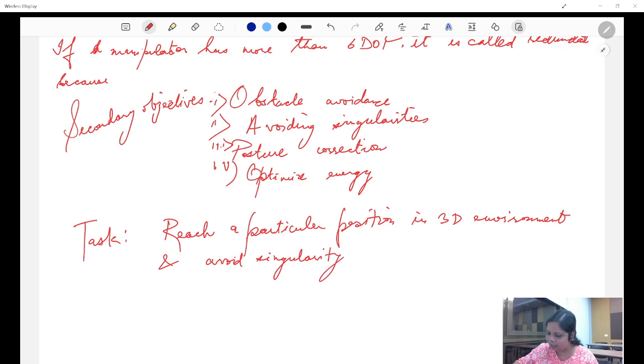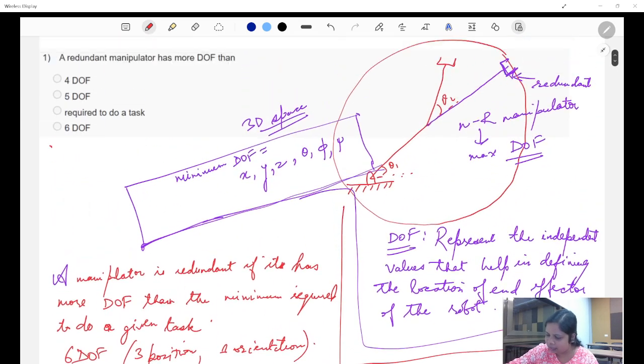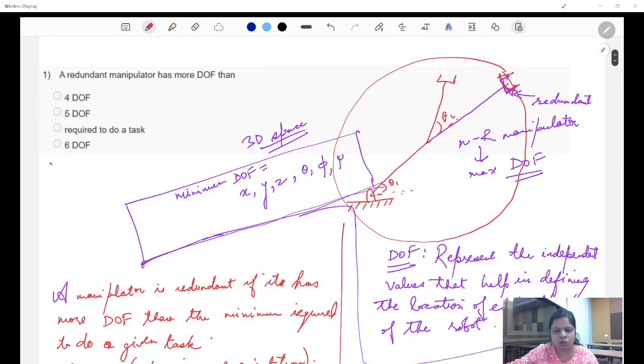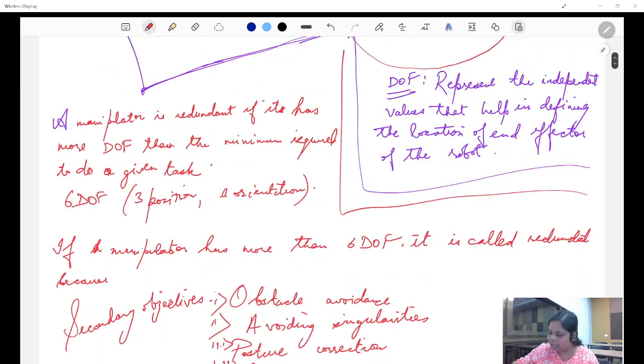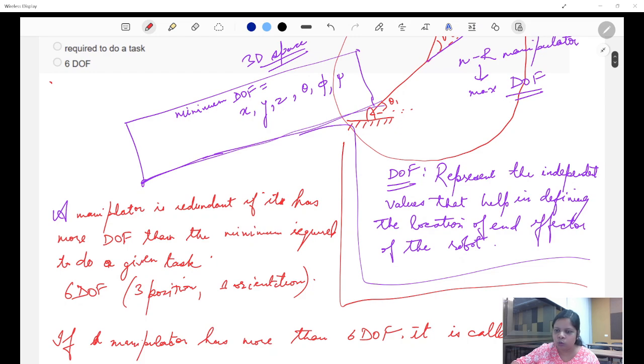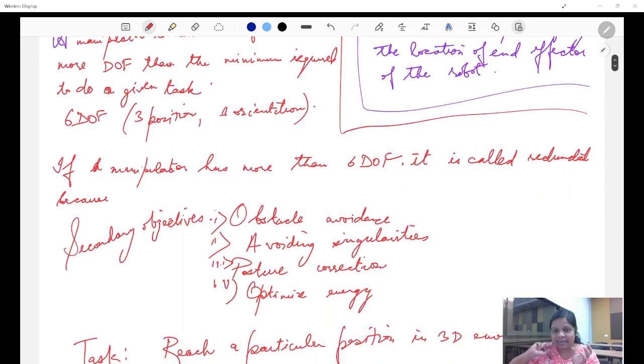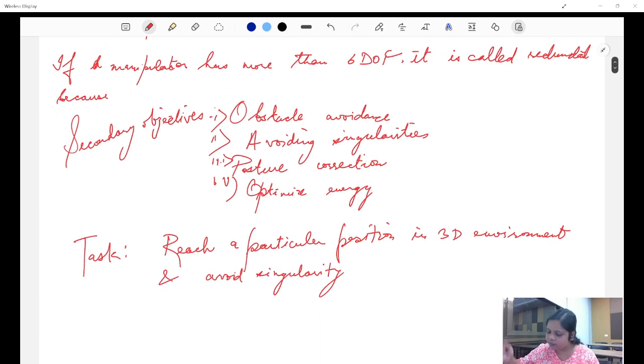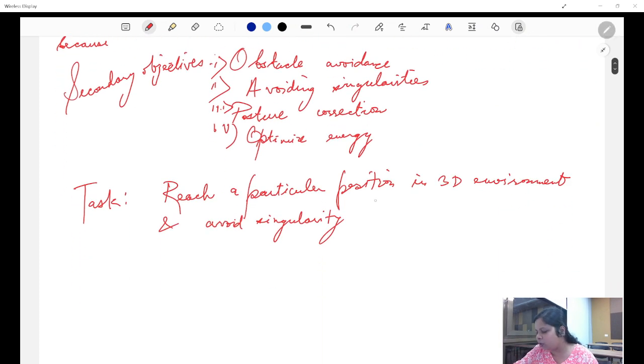You know very well that when a 2R manipulator has its end effector here, it goes into a singular configuration and you cannot just move in this direction, you have to move in this direction. But your task was just to reach this point, and you have lost the ability to go from here to here without coming back, right? So you're not able to do the task. It was entirely task dependent.